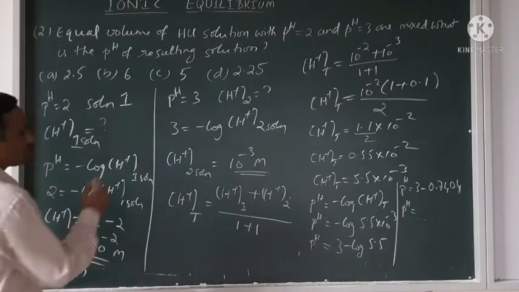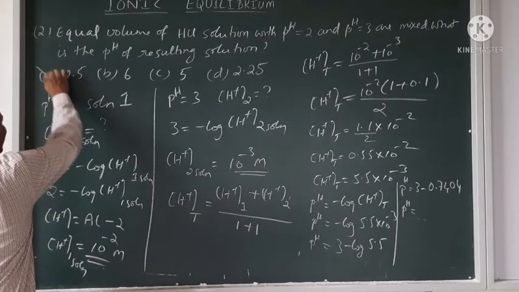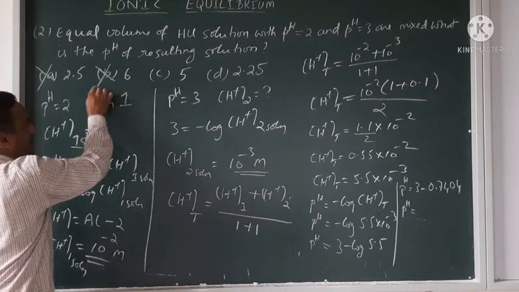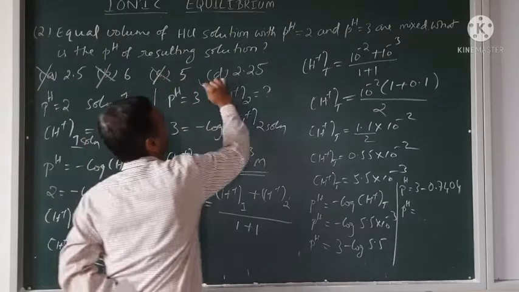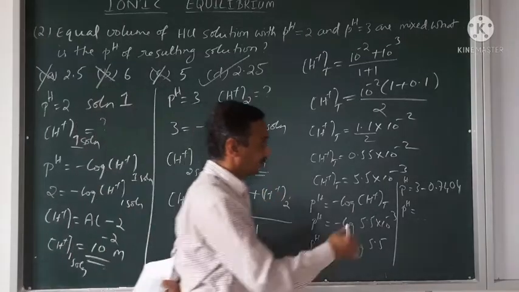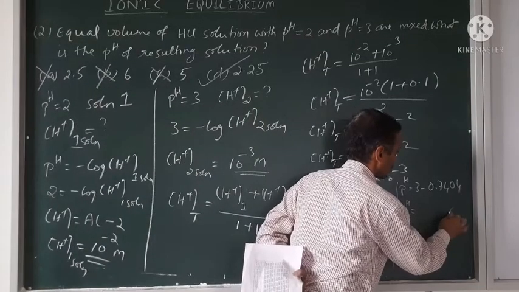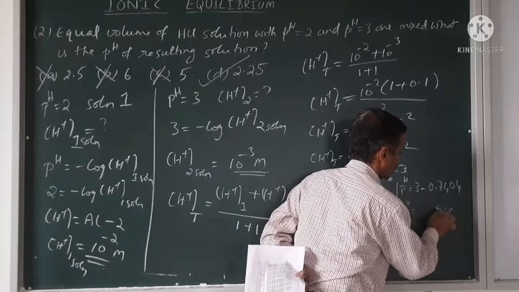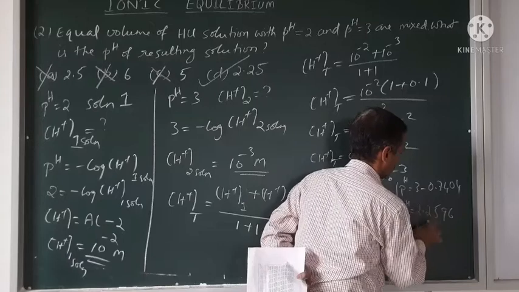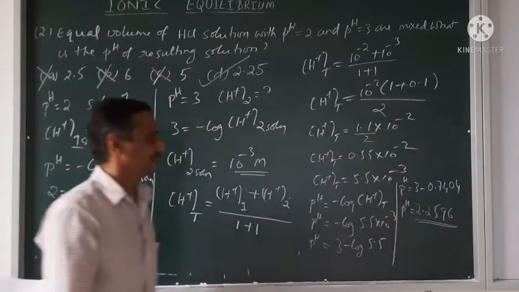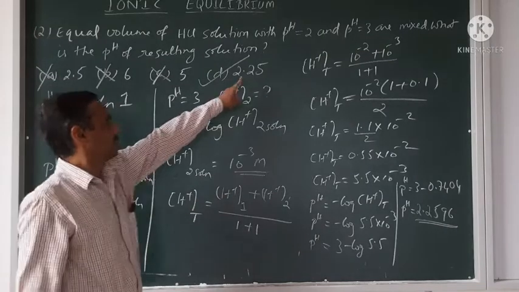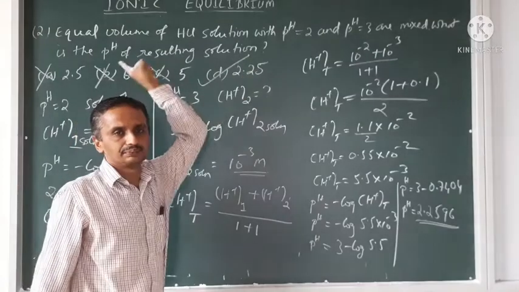See, this cannot be the answer because it's 2.5. Answer is this one. Actually, it's not the exact value. What is the exact value? The exact answer is 2.2596. But we have gone with 2.25. This will be the answer.